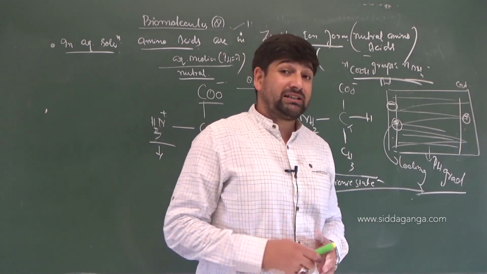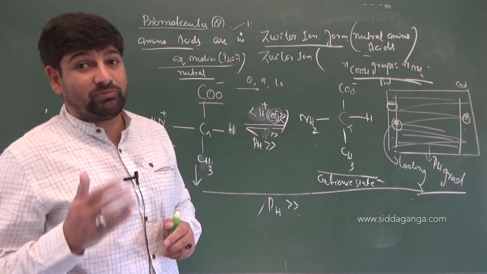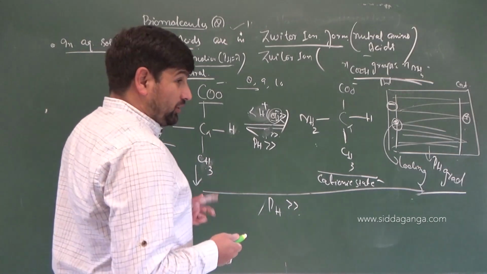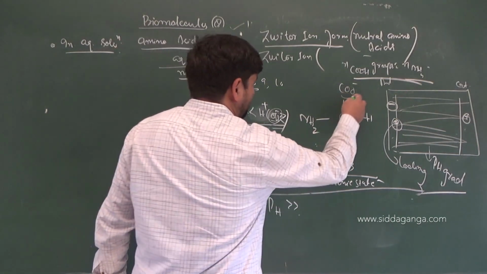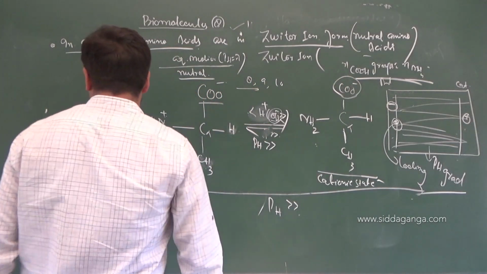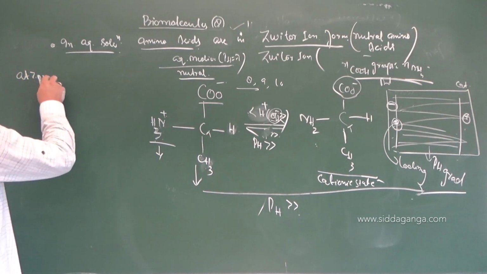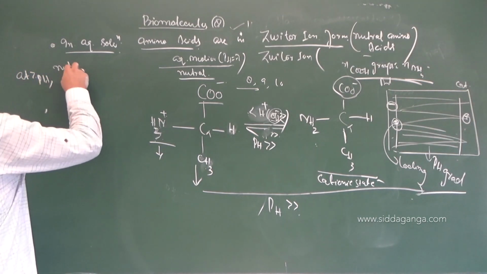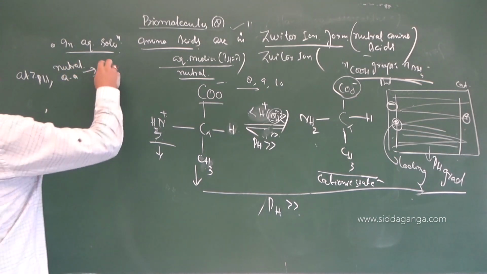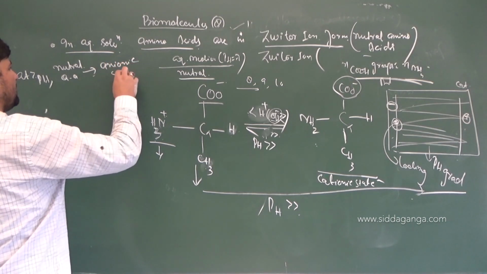Yes or no? Because I said on changing the H plus, there is change in the properties of this dipolar or Zwitter ion. So this will be completely in which state? Anionic state. So at higher pH, neutral amino acids will be mostly found in which state? Anionic state.